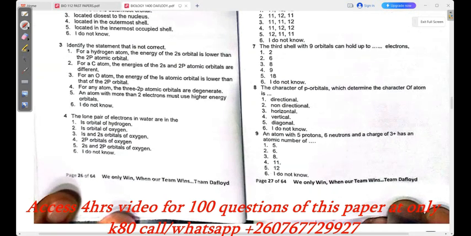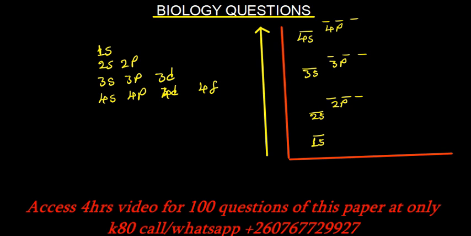3, identify the statement that is not correct. So we're also looking for the incorrect statement. 1, for hydrogen atom, the energy of the 2s orbital is lower than the 2p atomic orbital. Do we have a 2s orbital in the hydrogen atom? No. The hydrogen atom has got only 1s. Why? It's because it only has got a single electron. So you just have 1 electron there.